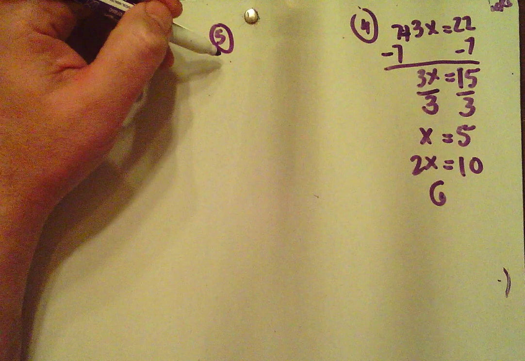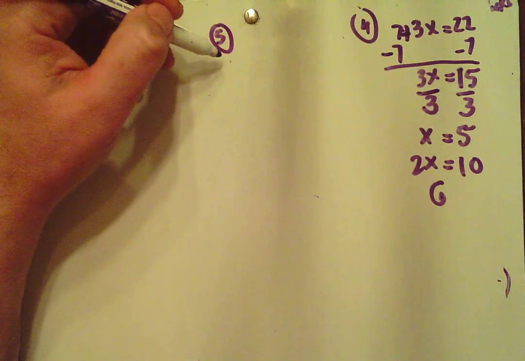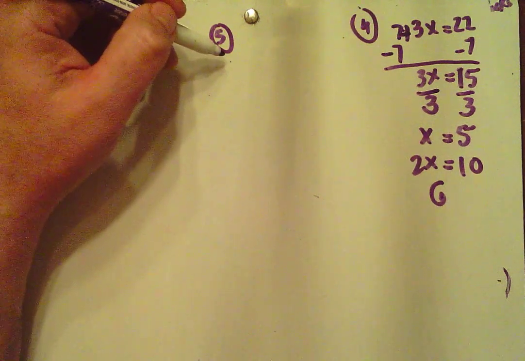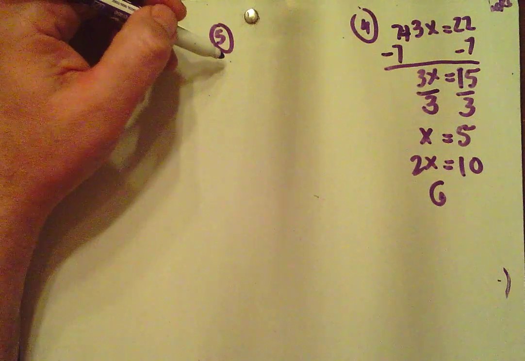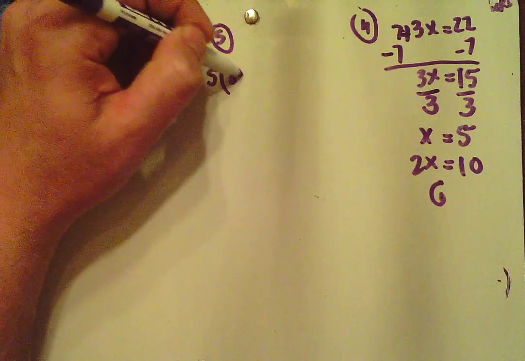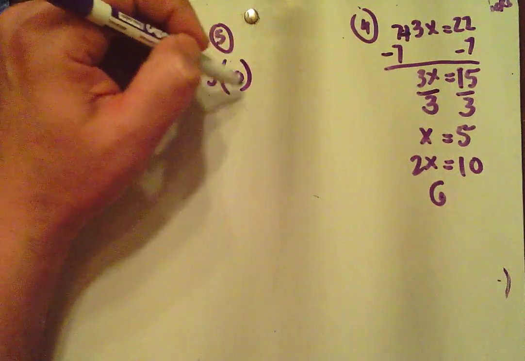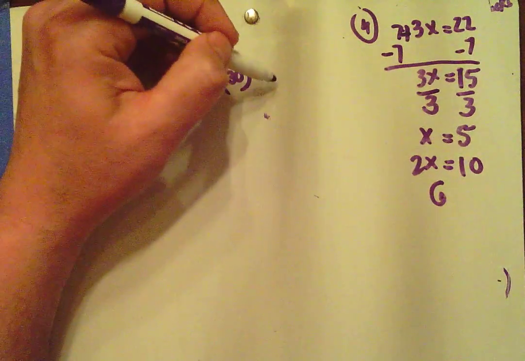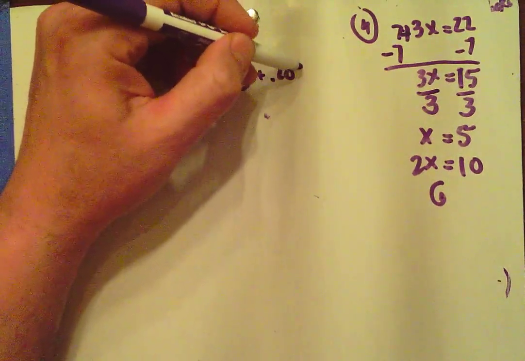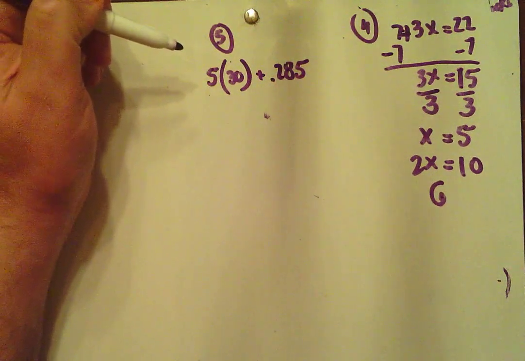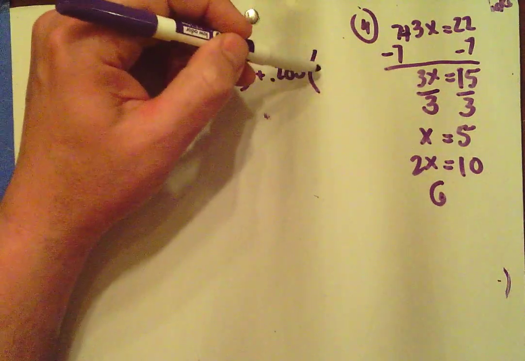5. The total cost of renting a car is $30 a day, plus 28.5 cents for each mile. What's the total for renting for 5 days and driving 350 miles? Okay, so 5 days times $30 a day plus 28.5 cents a mile times 350 miles.